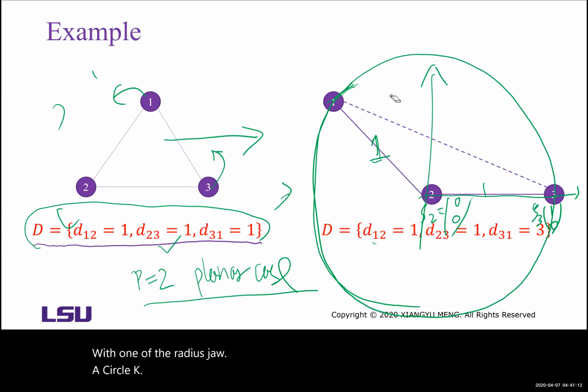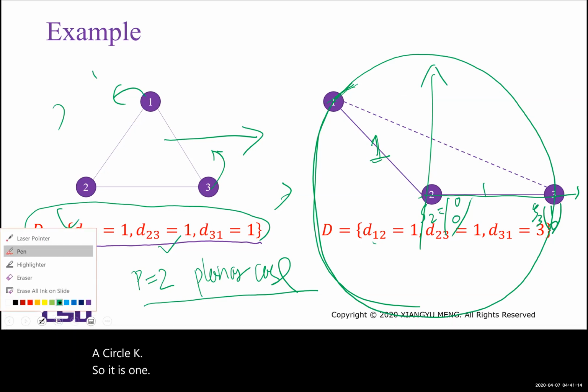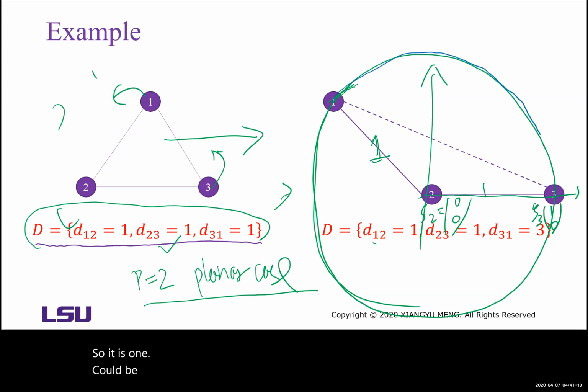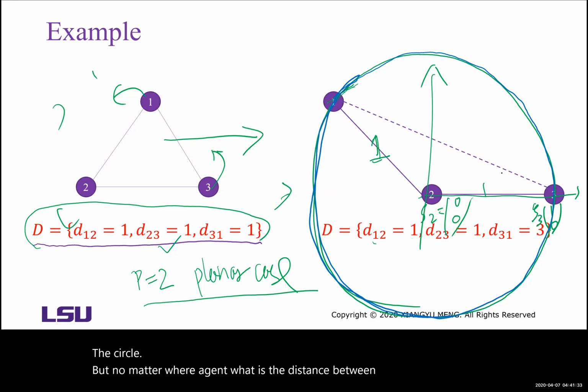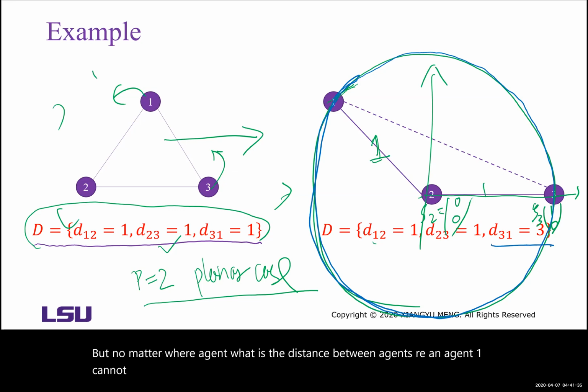So agent 1 could be anywhere in the circle. But no matter where agent 1 is, the distance between agent 3 and agent 1 cannot be 3.